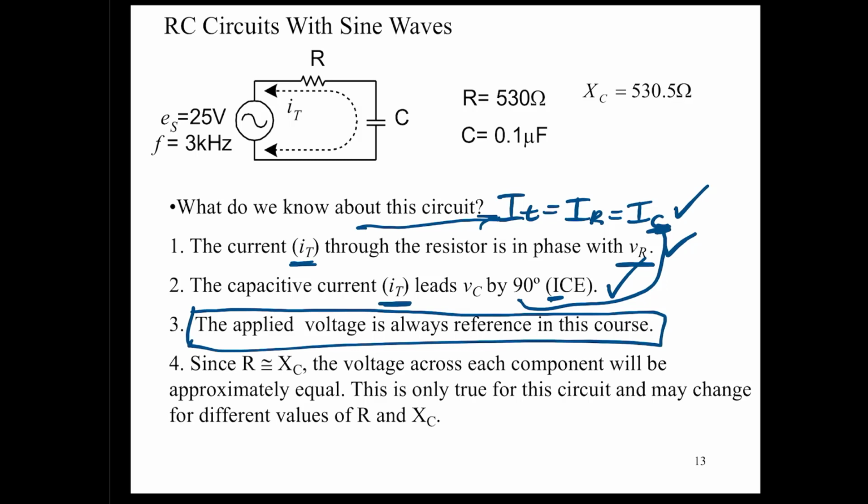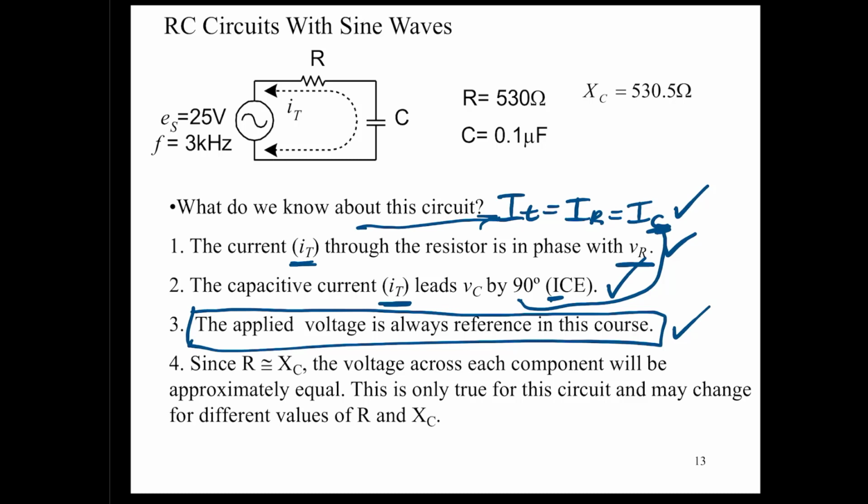However, there are some questions where you can be asked to use common current as the reference and show voltages displaced from there. But that statement is essentially our default for power systems, the applied voltage being the reference.